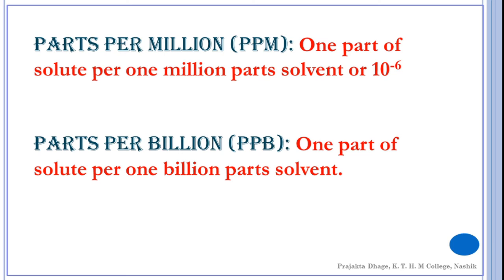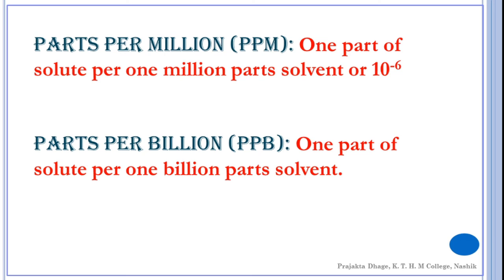Now, sometimes we use ppb to describe small concentrations in water. In this case 1 ppb is equivalent to 1 microgram per liter.